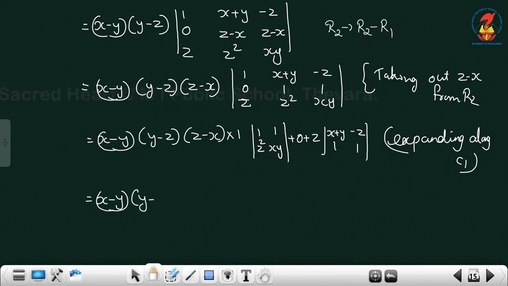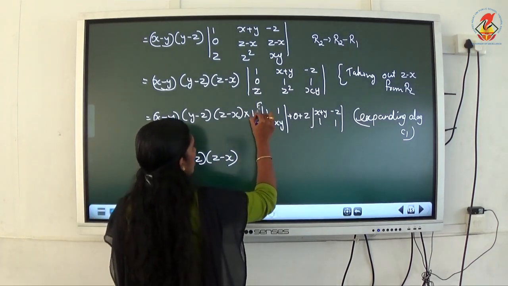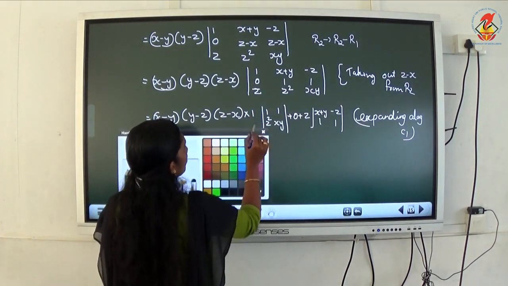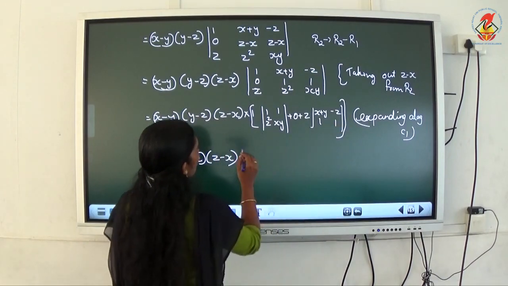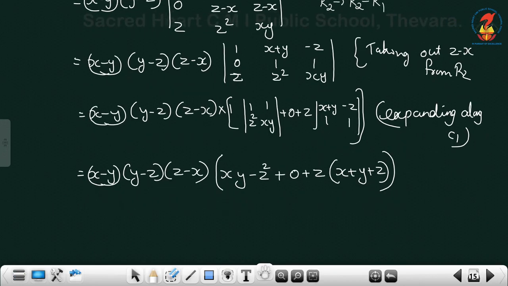X minus y into y minus z into z minus x into, what is the value of this? It is xy minus z square, then 0, then plus z into, cross multiply, x plus y plus z. Now you have to multiply that.